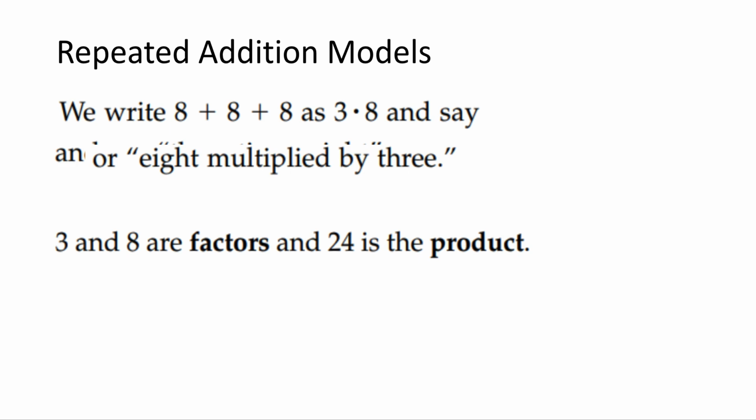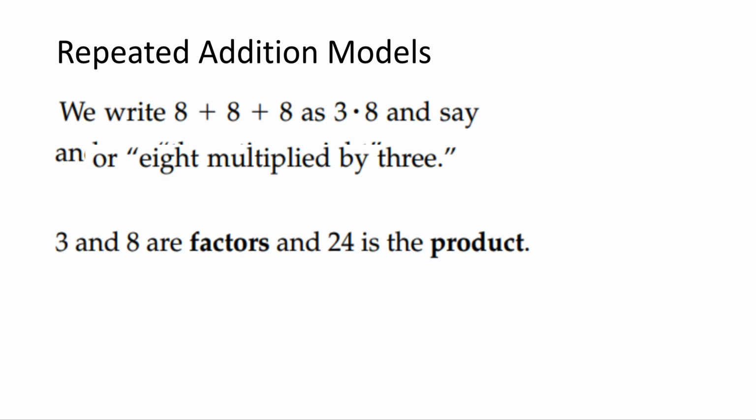Some mathematicians are arguing about multiplier and multiplicand. I don't want to argue about that because everybody's saying differently, and it is not very important because 3 times 8 is equal to 8 times 3. It doesn't matter which one comes first and which one comes next, right?